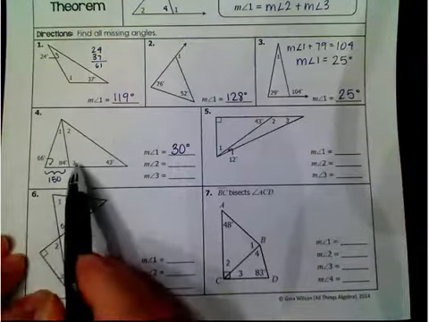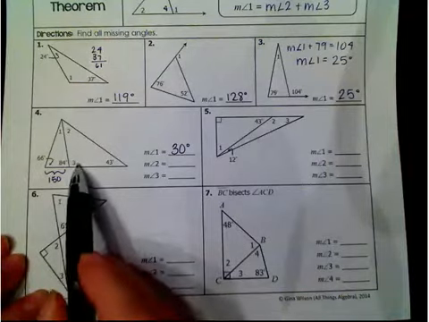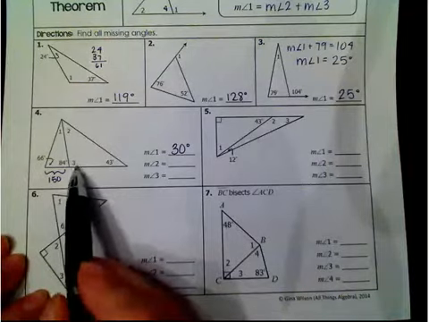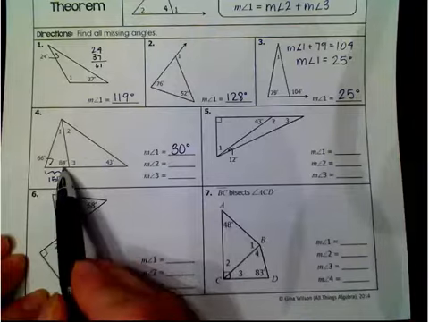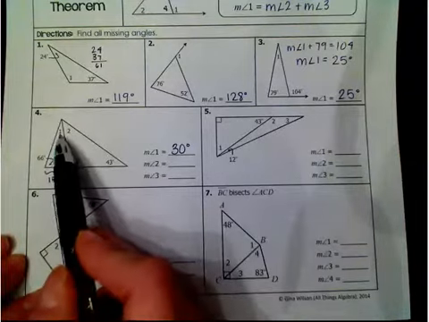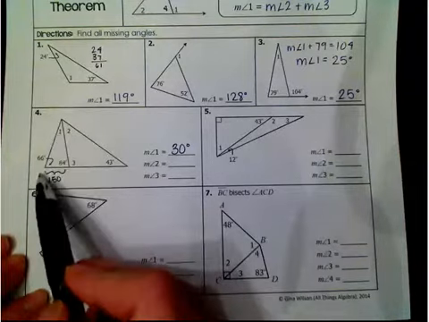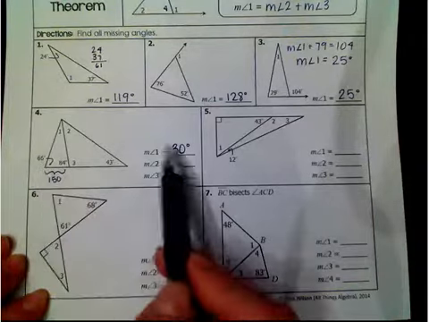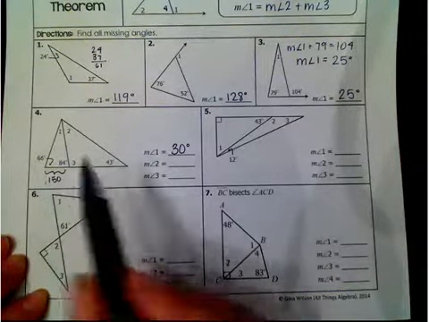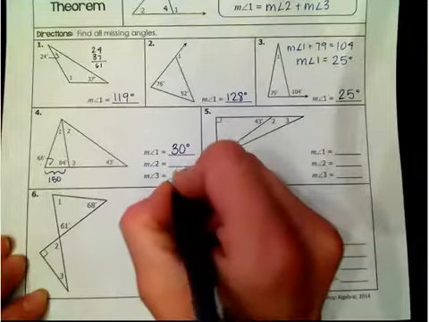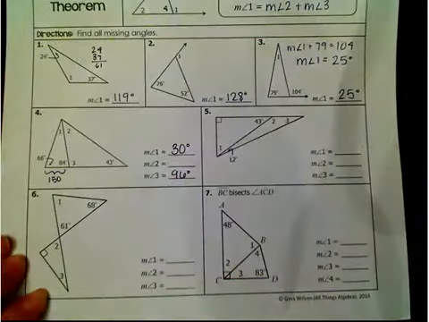I'm going to jump down to angle 3. I know either I can do 180 minus 84 because this is a linear pair, or now that I know angle 1, I can just add angle 1 plus 66, and we know angle 1 is 30. So 30 plus 66 is 96, and that will be the measure of angle 3.